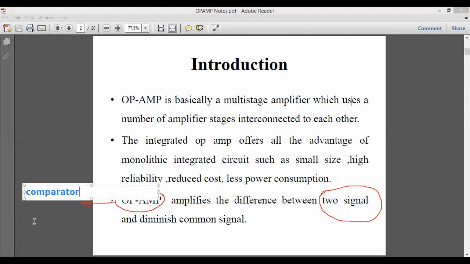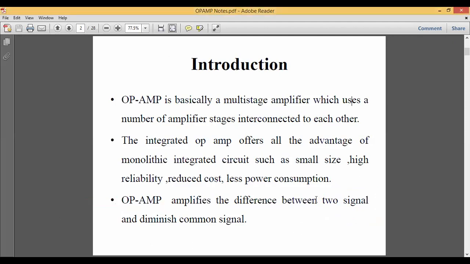It is just used to compare two voltages or two currents, two levels, two signals, two amplitudes, two input signals. So without anything additional, we just go for the comparison of two different signals.